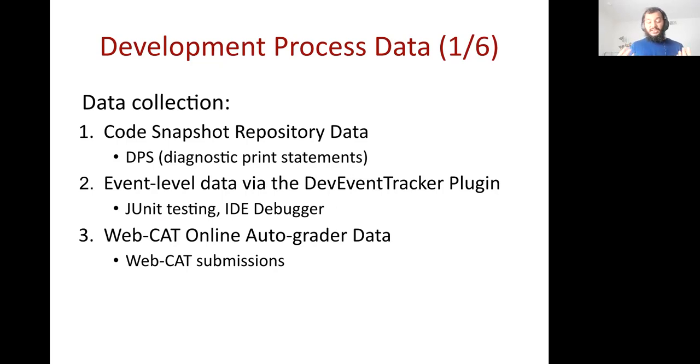Using the Eclipse plugin Dev Event Tracker, we collected the students' development event data from their local machines. Finally, we collected and analyzed all the submissions made toward the WebCat online autograder.